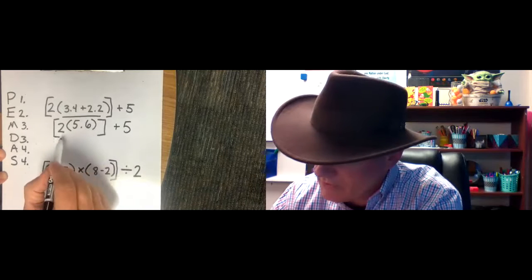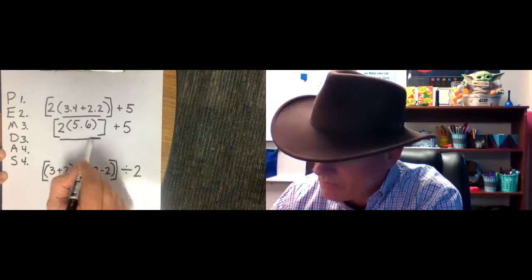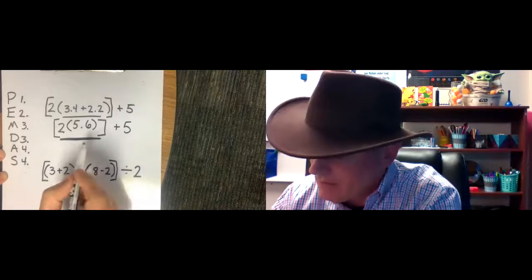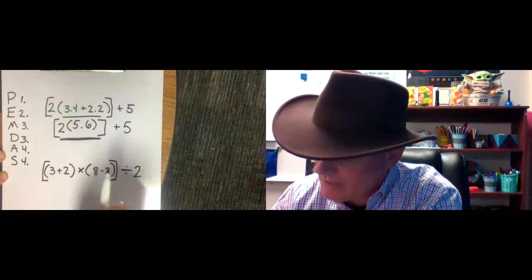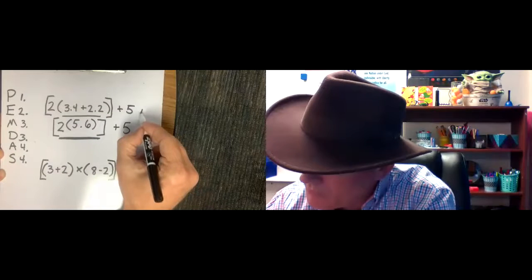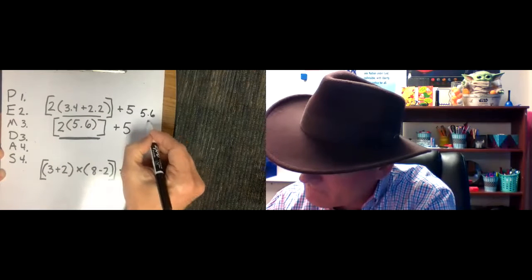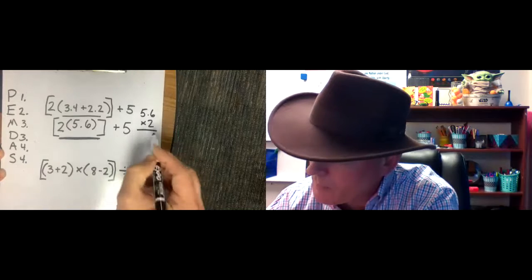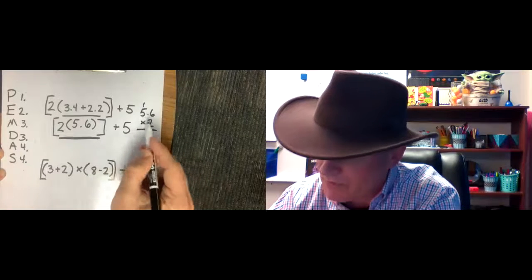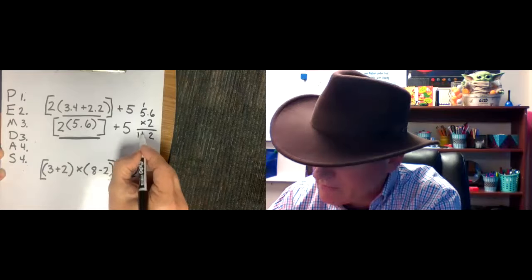So next I underline this part, this bracket over here. So we have 2 times 5 6/10, and if we need to, we could just kind of work that out to the side. 2 times 6 is 12. Regroup a 1. 2 times 5 is 10, plus 1 is 11.